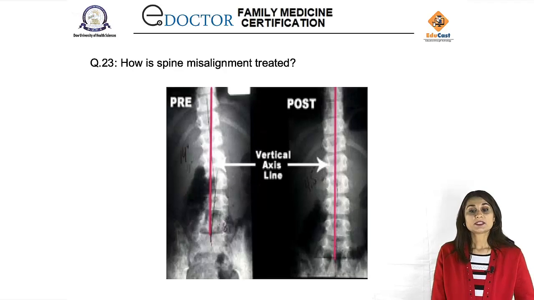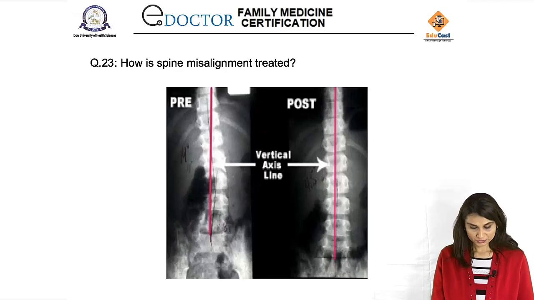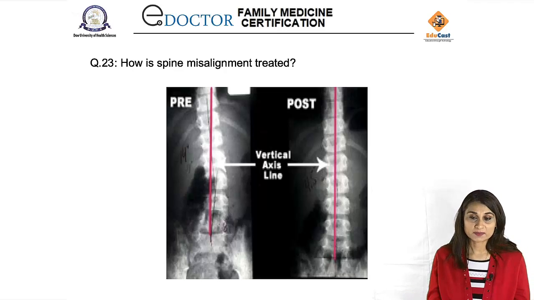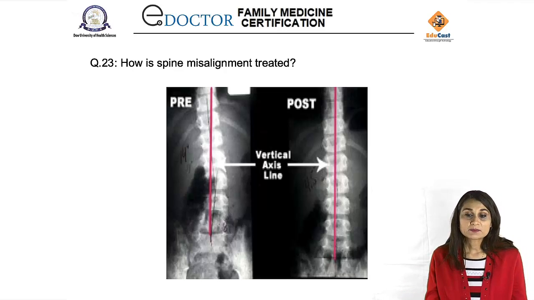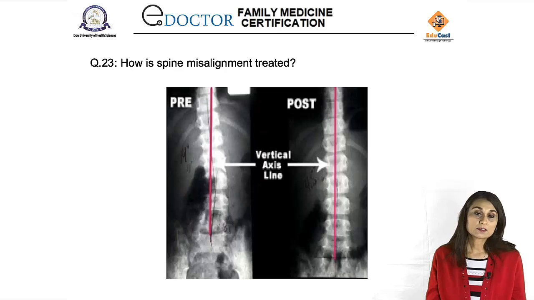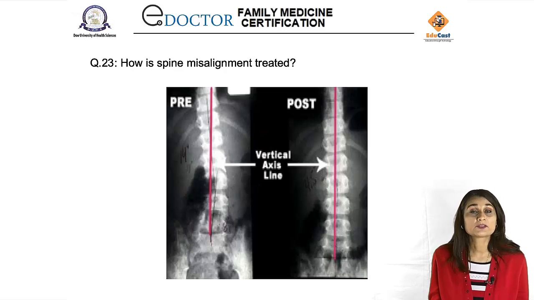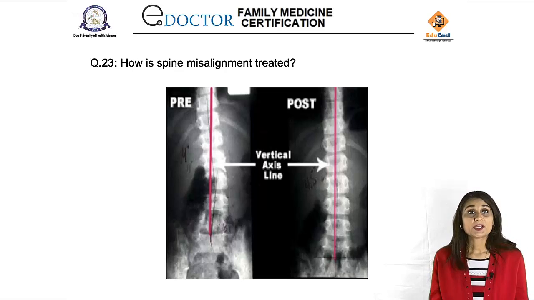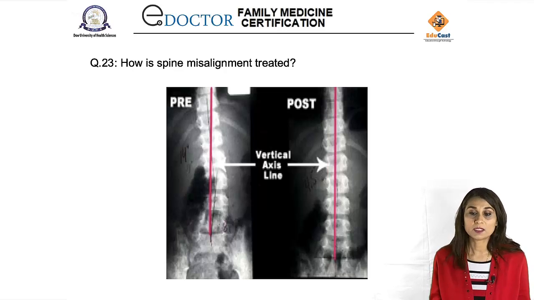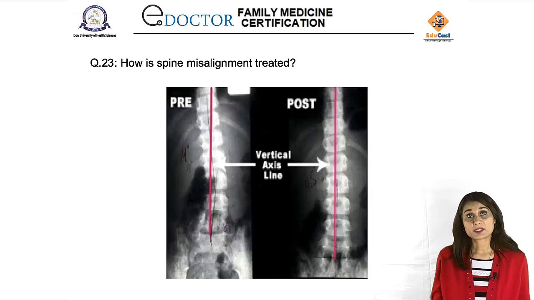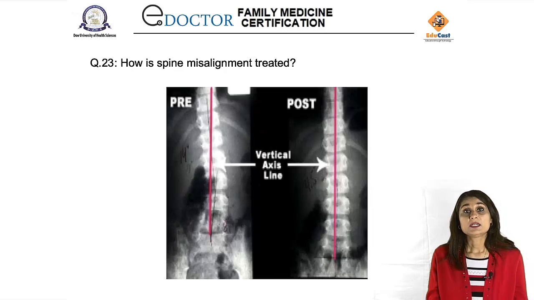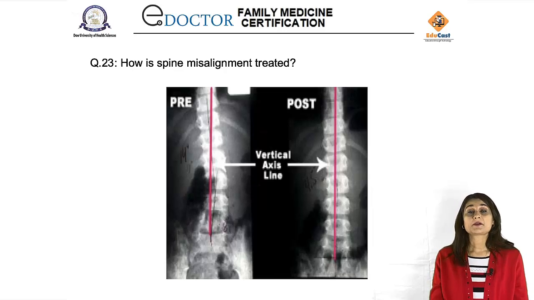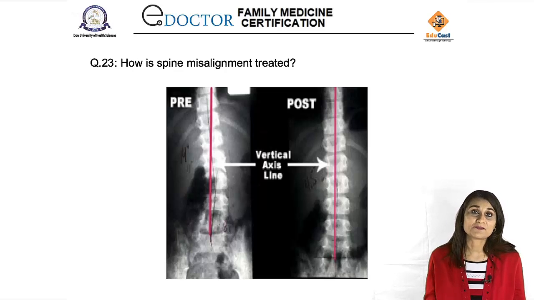Next question is, how is spine misalignment treated? Misalignment is treated first with walking, stretching, and planks, and surgery comes towards the end. Corrective surgery is used if non-surgical methods have failed to improve the symptoms, they are showing signs of neurological symptoms, symptoms have become rapidly progressive, and their life is affected.